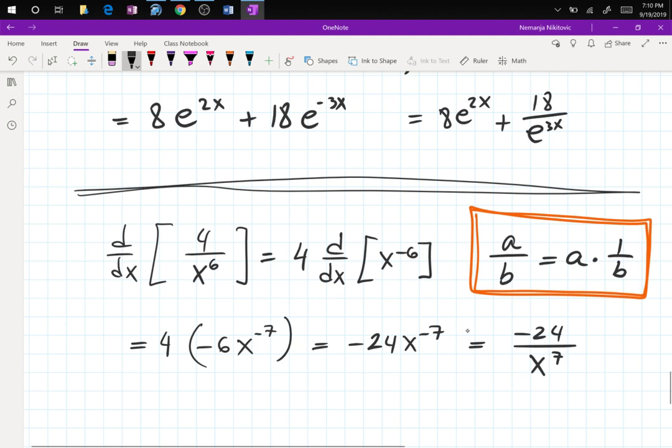Cool, right? So now you should be able to calculate a whole bunch of derivatives using this shortcut method.